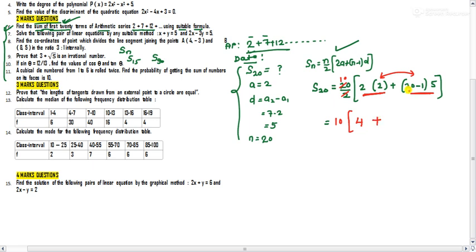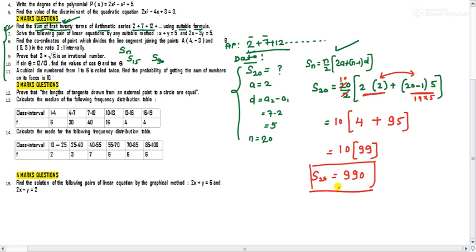Plus, what is 20 minus 1? 19. 19 into 5 you have to do here. 19 fives are 95. So this is 10. And now just add this, 99. At last you have to do multiplication. 99 and 0 will come here. So this is S20, the sum of the first 20 terms.